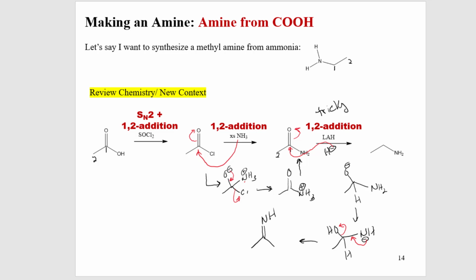We're kind of back to where we were on that previous slide, where we have this imine type system. Under these conditions, H- addition goes in and up again, and you've reduced away the carbonyl.